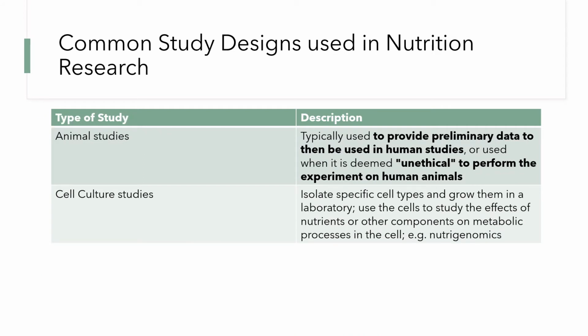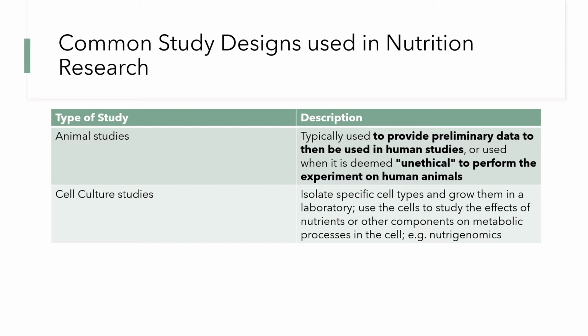And then beyond human studies, there are also animal studies and cell culture studies. So animal studies are, as they would imply, studies done on animals. Could commonly be rats or mice, but also could be monkeys, has been dogs in the past, rabbits is pretty common as well.